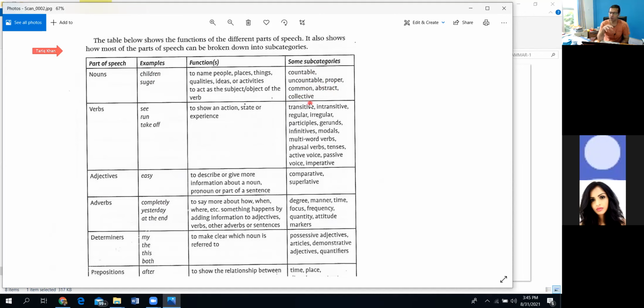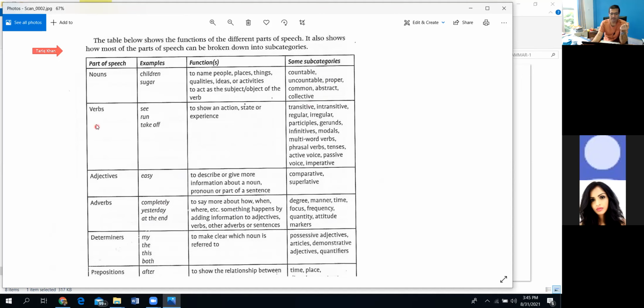Now you need to know what a countable noun is, how it is used in a sentence, how we recognize that. You need to know what an uncountable noun, proper noun, common noun, and abstract noun are, how to recognize an abstract noun in a sentence, and collective nouns.